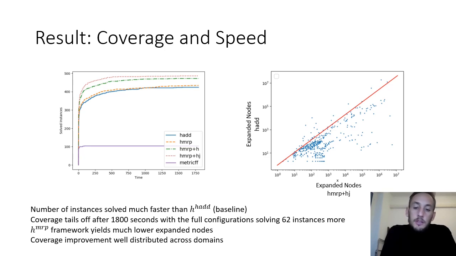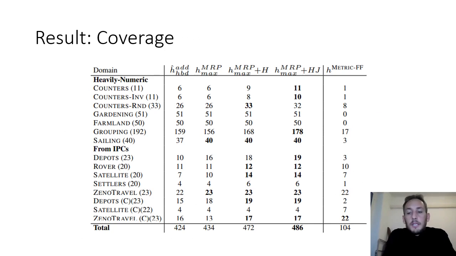On the right hand side you can see the number of expanded nodes between HAD and the best configuration that we have, and as you can see the number of expanded nodes is reduced quite uniformly over all cases that we tested. This can also be explained by looking at the coverage, the increase of coverage, which is well spread over all domains that we have used.